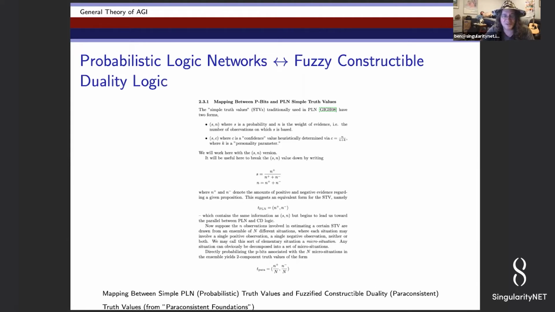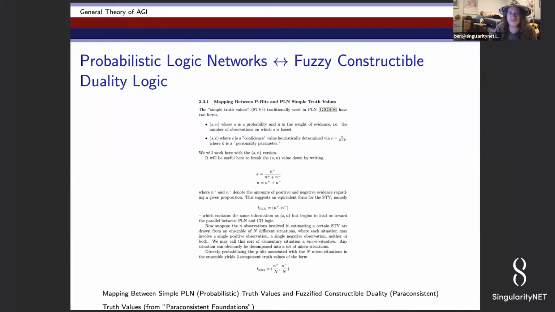Do you normalize by the number of evidential observations or by the number of situations? In one case, you get a traditional probabilistic truth value with a weight of evidence as well. In the other case, you get a paraconsistent truth value, where in the extreme cases, you could have, say, 1-1 if every situation had both a positive and negative piece of evidence in it, 0-0 if there's no evidence, 1-0 if every situation had positive evidence and none had negative evidence, 0-1 if every situation had negative evidence and none had positive evidence.